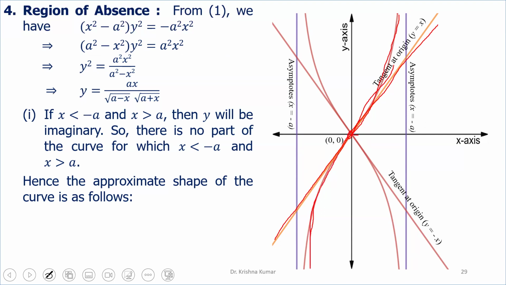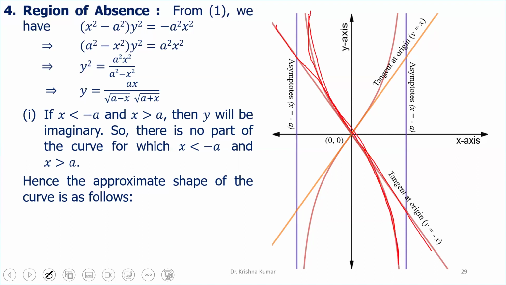So at this point, the tangents cross the curve. The origin is the point at which the tangents are node tangents. So a node is not a normal point, it is an abnormal point. Similarly, at this point, this is the tangent, and if we want to draw the tangent at this point, we again get the same thing.